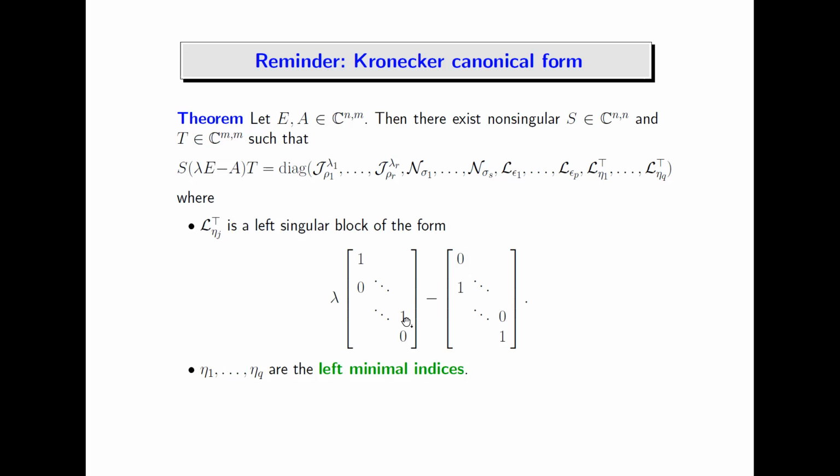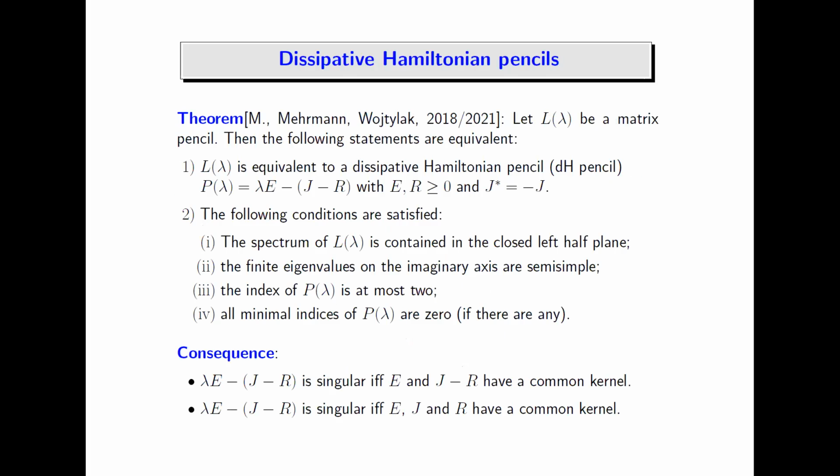So in that case, we can say the following about the spectral properties of these dissipative Hamiltonian pencils. Let's start with the case that our Q is the identity. Then one can say that a given arbitrary matrix pencil is equivalent to a pencil of this form, where E and R are positive semi-definite and J is skew Hermitian, if and only if these conditions here are satisfied.